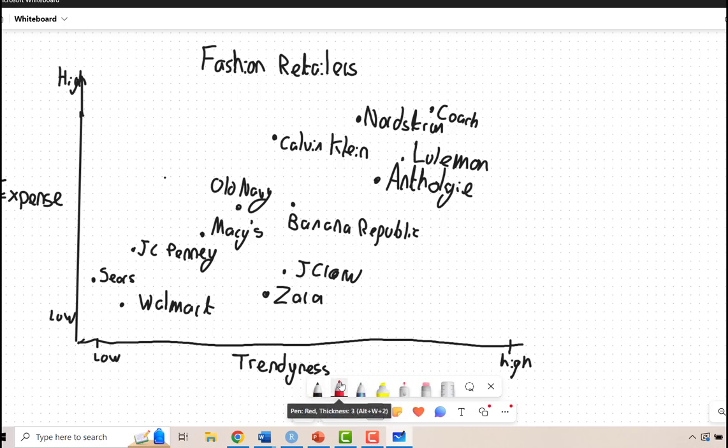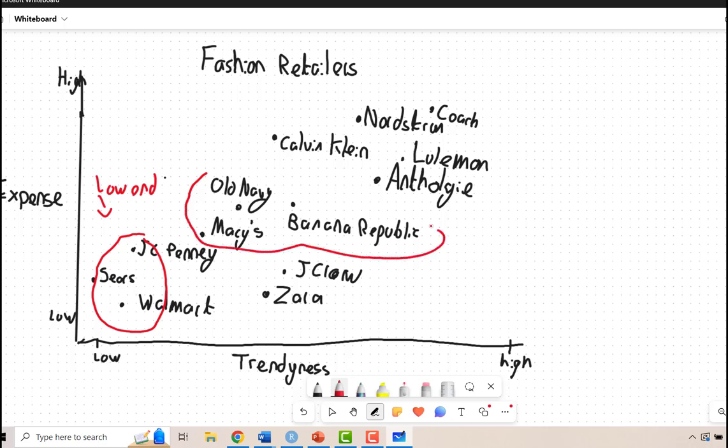And I could probably actually do some explicit clusters. So I could have my low end here, so that would be low end, bargain. We could have our, let's just say, mid market here.